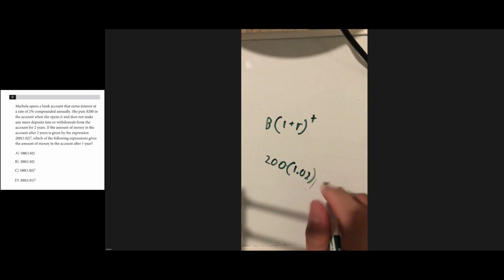The ratio, 1 plus R, is 1.02. And the time, well, they give us 2 years, and we just need 1 year. So we just have it to the first power. Anything to the first power is just itself. So the correct answer is 200 times 1.02, which is answer choice B.